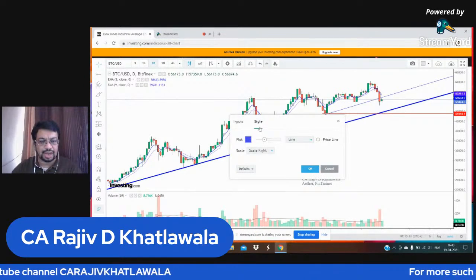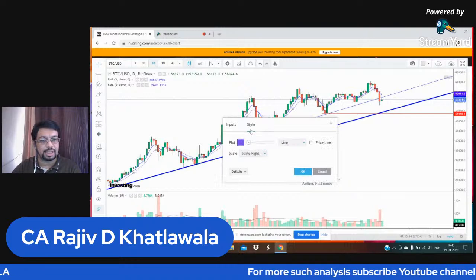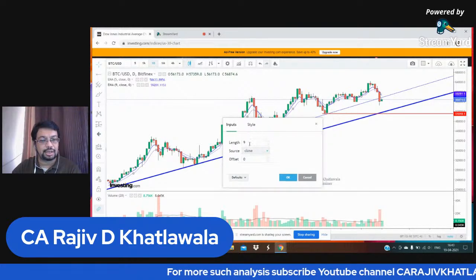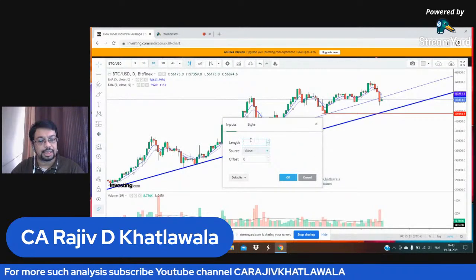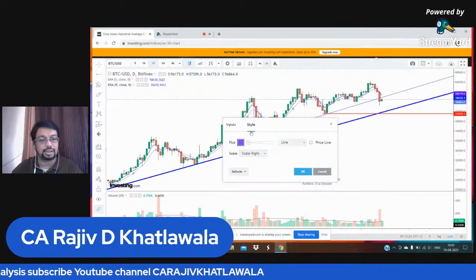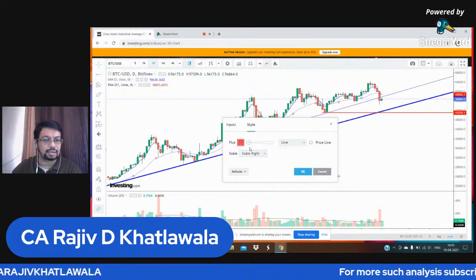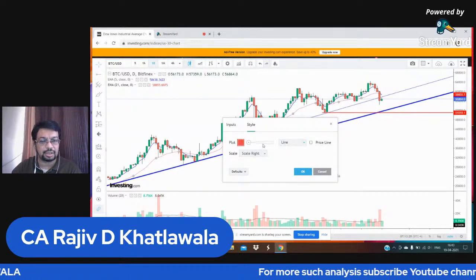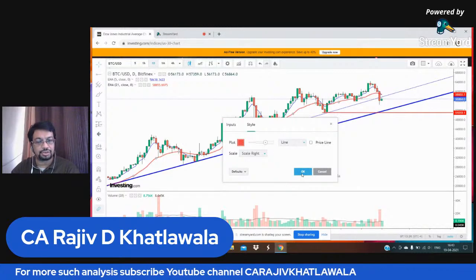I am taking 5 as the shorter term moving average, and I am taking 21 as the medium term moving average, and I'll color it red so that it can be identified as separate from the 5 moving average.